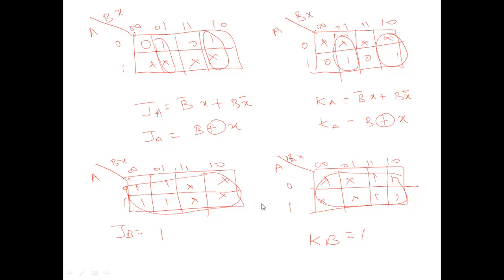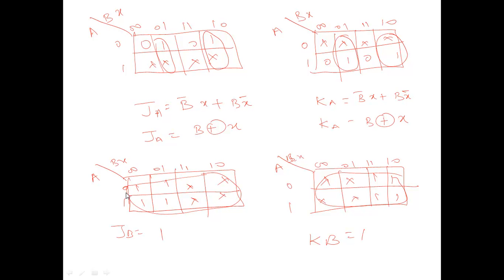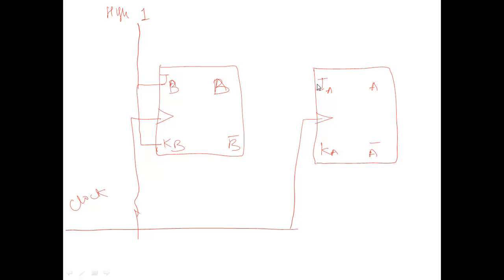So you can see JB is 1 and KB is 1. So what you can do? You tie JB and KB together and make it high, 1 always. Next, JA and KA are both the same and it is nothing but B exclusive OR with X. So you tie up JA and KA together and take this B output.